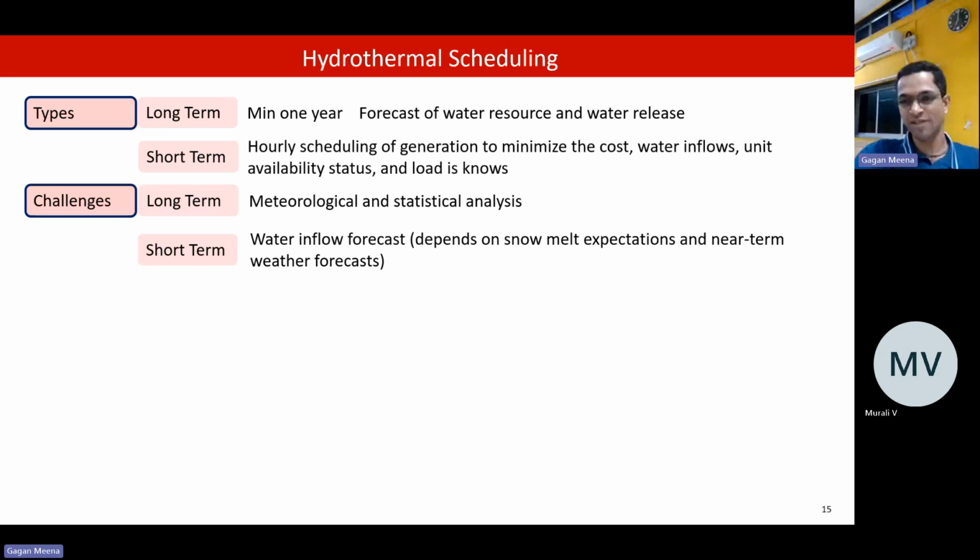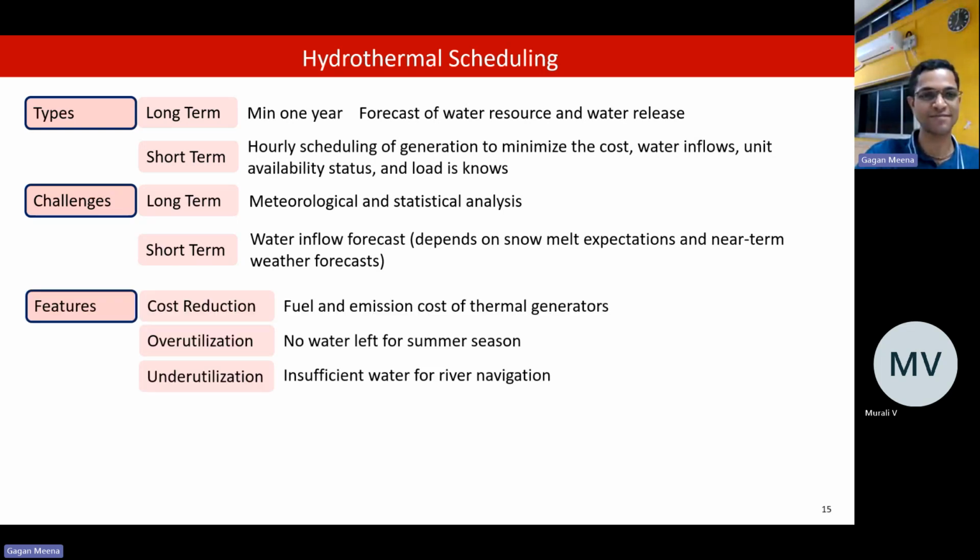Even in the monsoon season, the rainfall is another problem. So the weather forecast has to be good enough to accurately predict all these things. And these are some of the things that we need to consider.